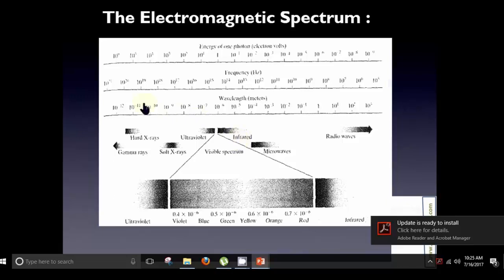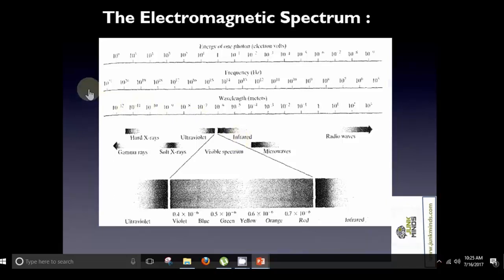The next wave that we have is visible light. Now, the portion of the electromagnetic spectrum that human eyes can detect is the visible light. So, visible light basically consists of different colors, which are red, orange, yellow, green, blue, indigo, violet, where red has the lowest frequency and violet has the highest frequency.